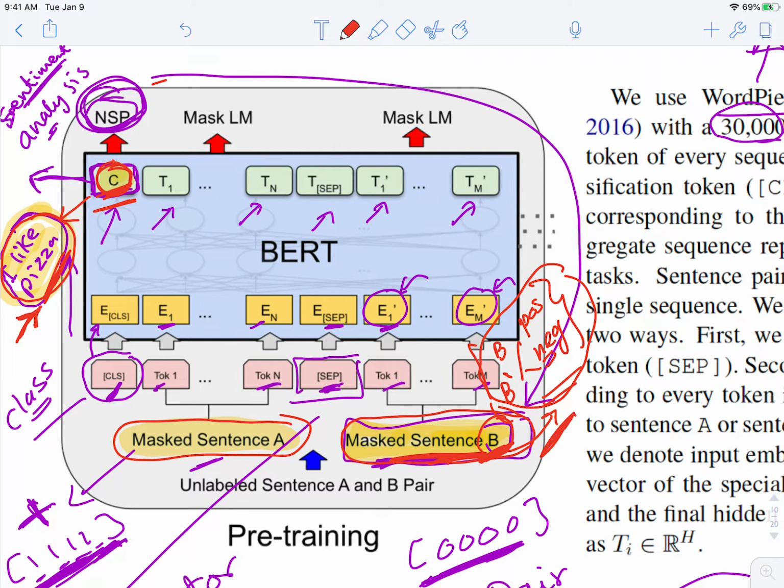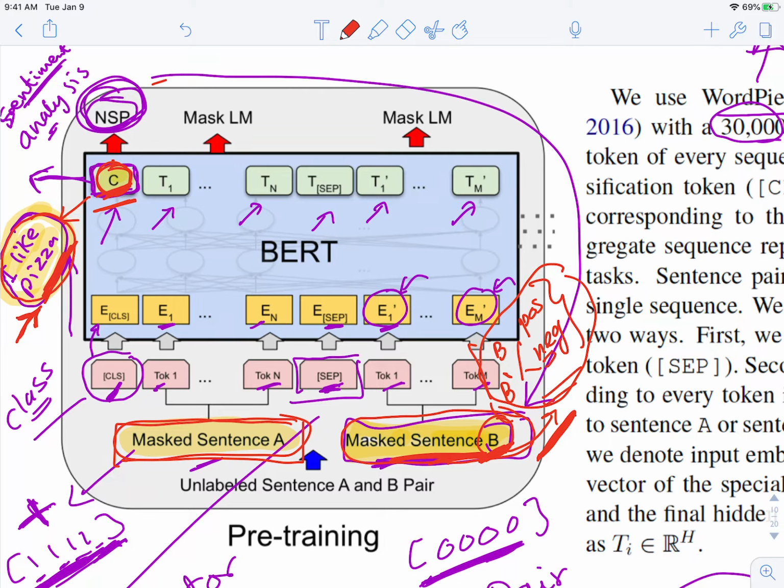So it's analogous to the label in the downstream task, and sentence A is analogous to the input sentence in the downstream task. I hope you can see the analogy here.